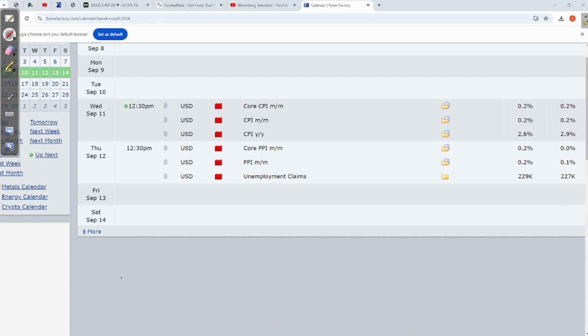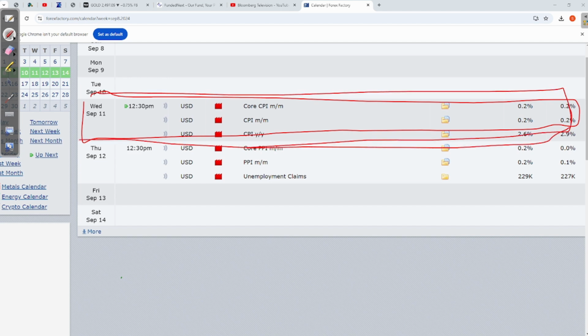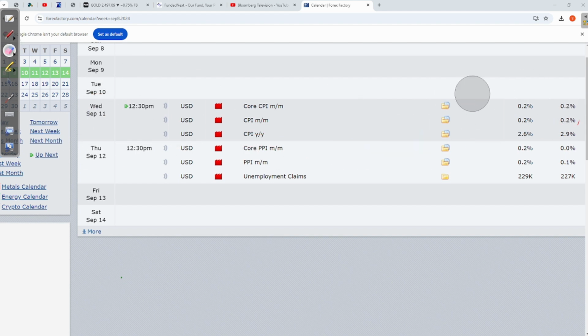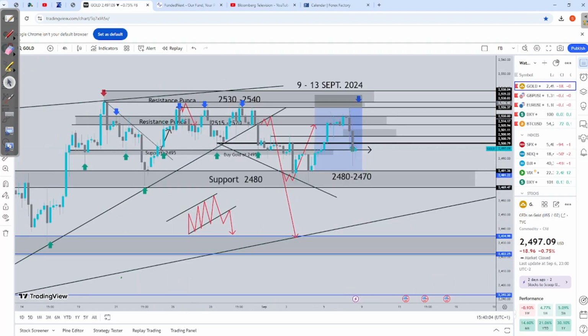So we are going to work with CPI on Wednesday. Let's take note of the major news as well. Very necessary. We should work with that. And then I think we are going to be okay. Okay, so that is it.